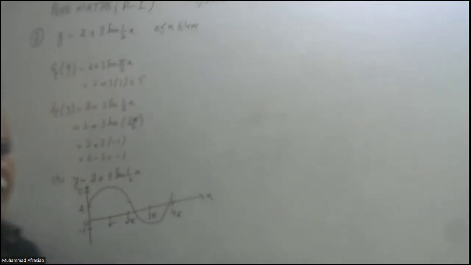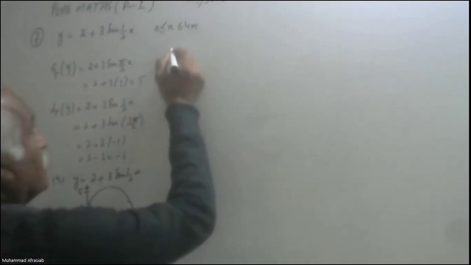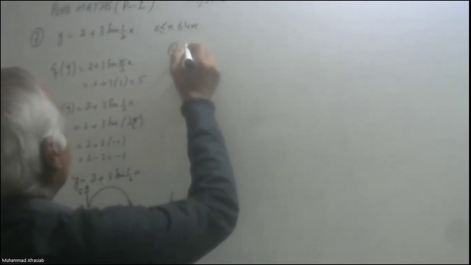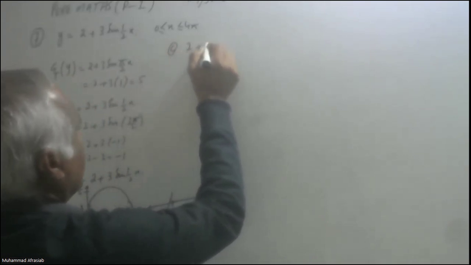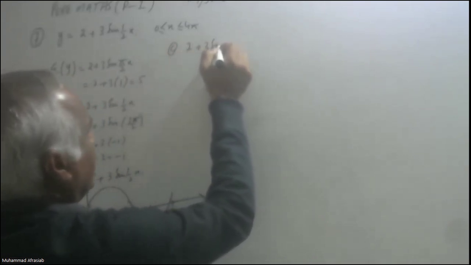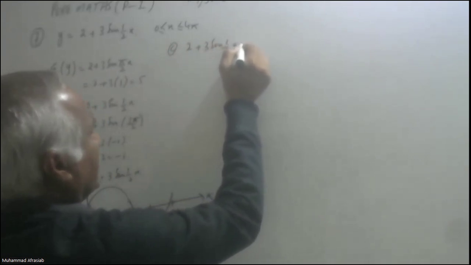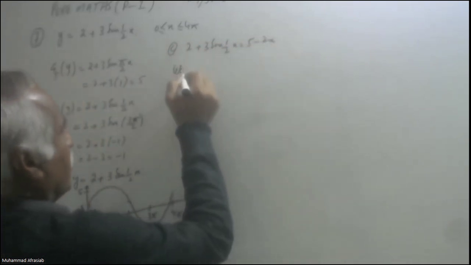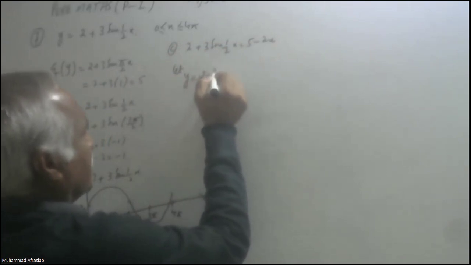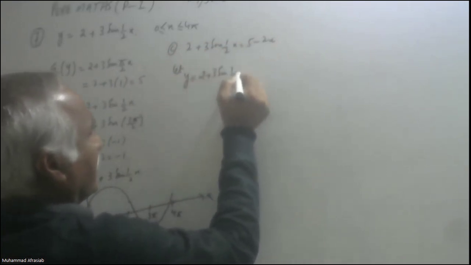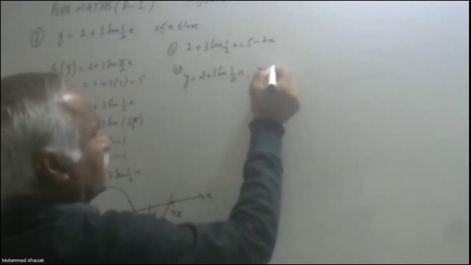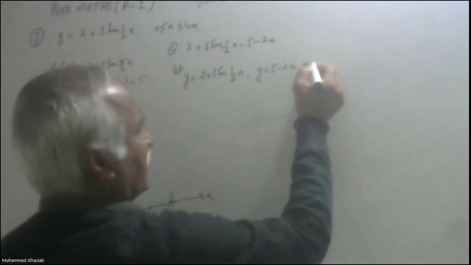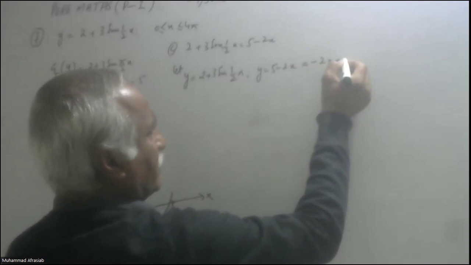Now for part C, you have to find the number of solutions of 2 plus 3 sine of half x is equal to 5 minus 2x. Let y equal to 2 plus 3 sine of half x and y equal to 5 minus 2x, which can be written in the form minus 2x plus 5.